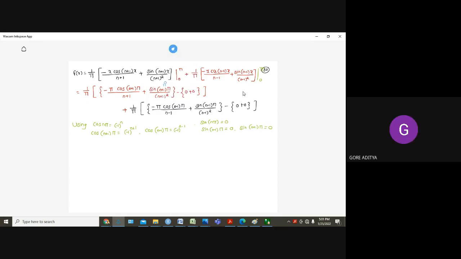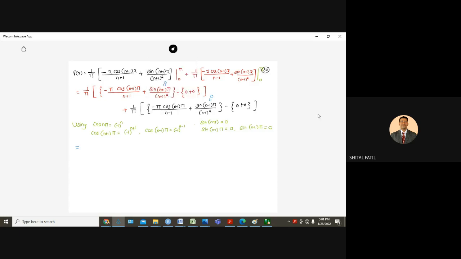Sir, the answer is 2n into minus 1 raised to n upon n square minus 1 square. 2 minus 1 raised to n divided by n square minus 1, no? That is, 2n into minus 1 raised to n upon n square minus 1 square. Correct. Absolutely correct. Very good.